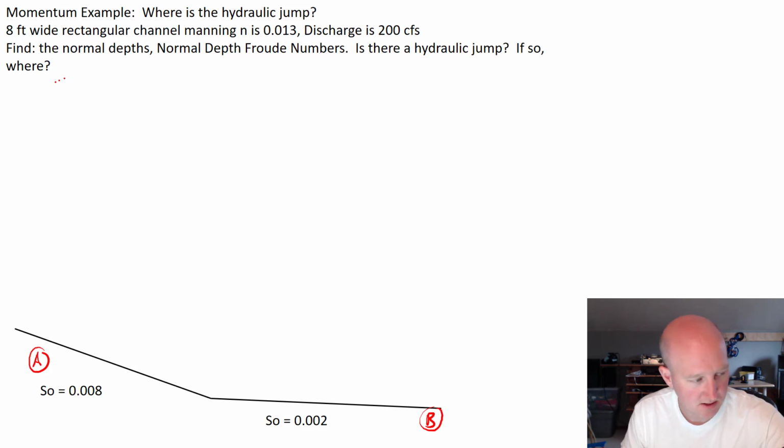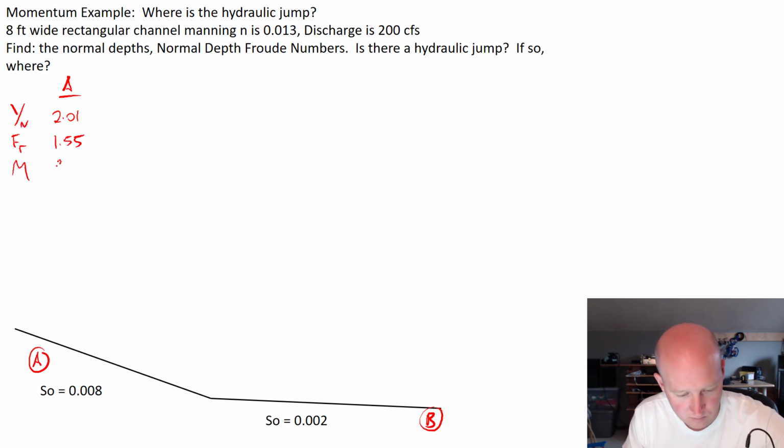So for section A, we did this once already in the previous example. 2.01. The specific force was 93.4. Section B, normal depth 3.29.